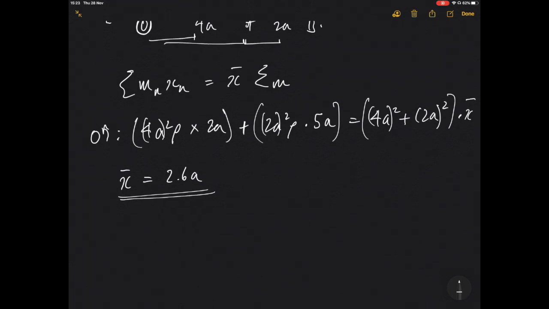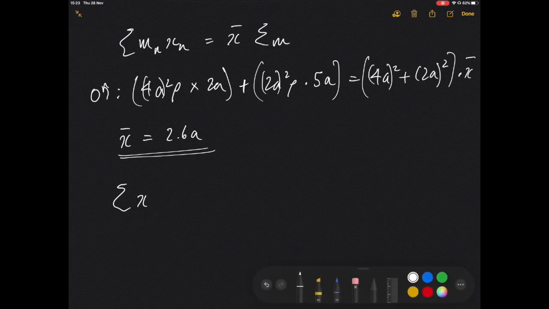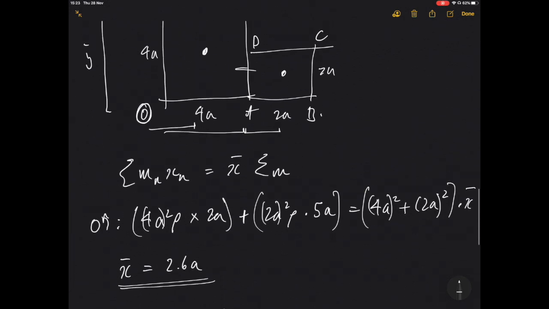So likewise, we can do the exact same for the y-axis. And we could say, right, so if we were to rotate this, our total mn yn equals our y bar total n. So we could do the exact same calculation.